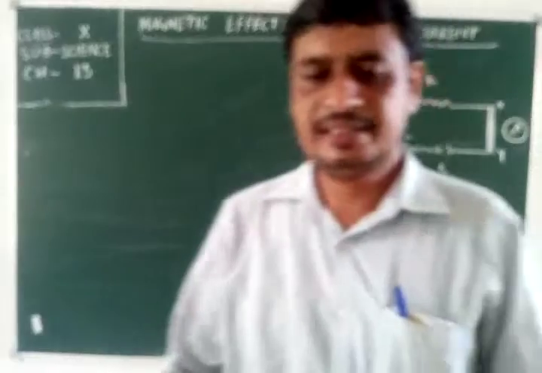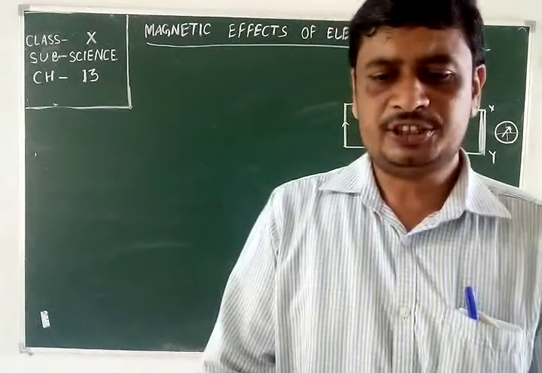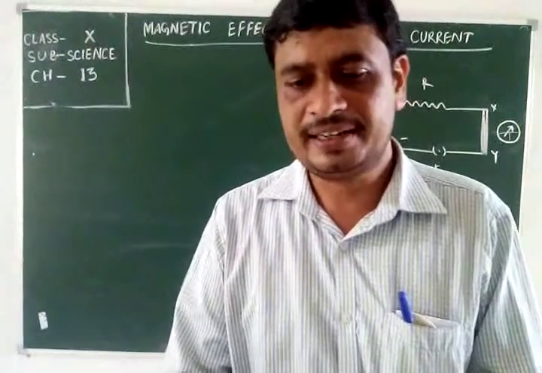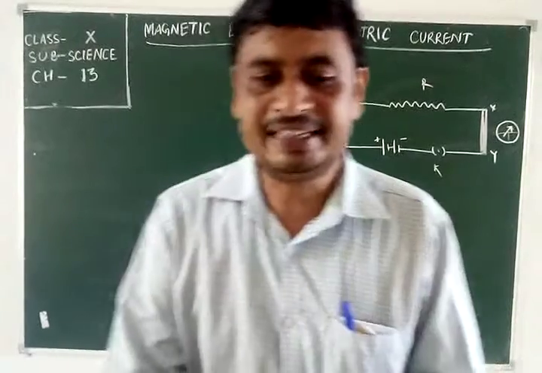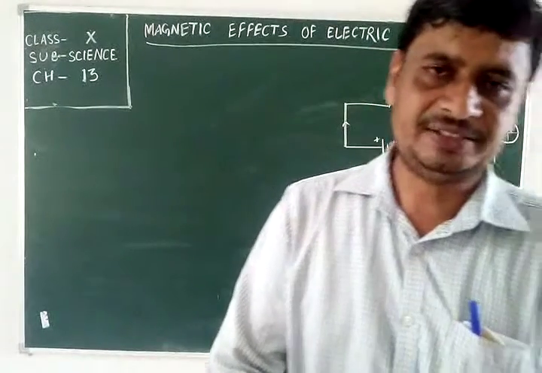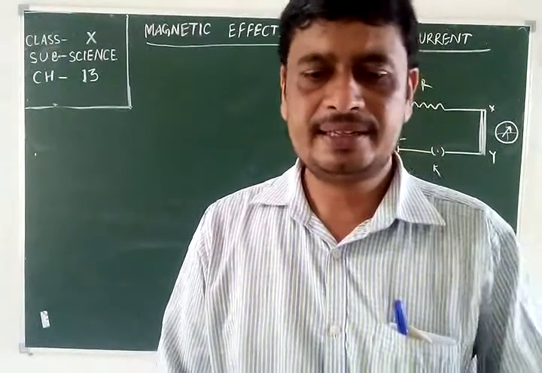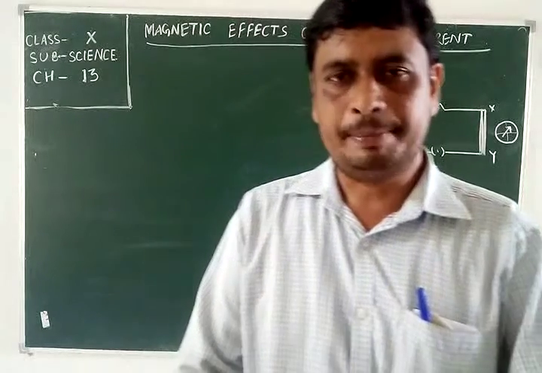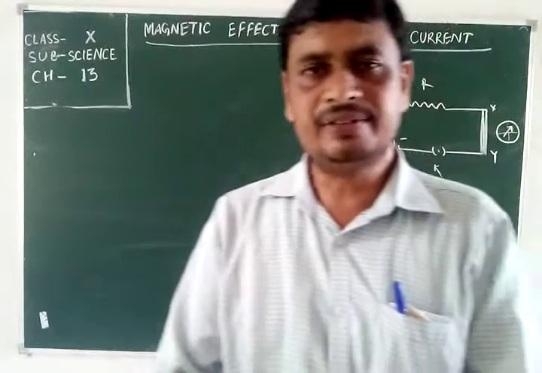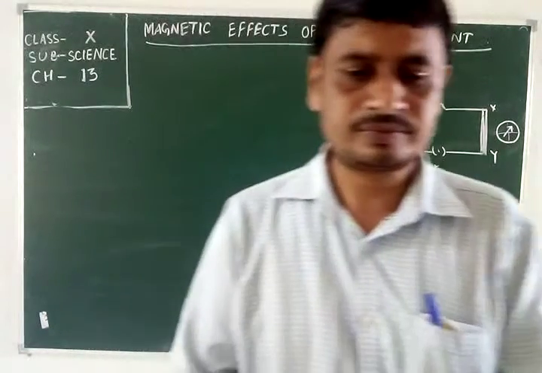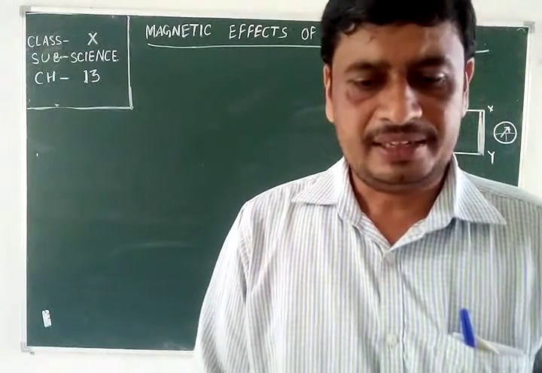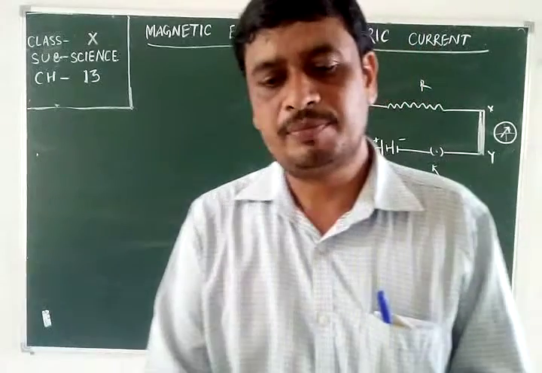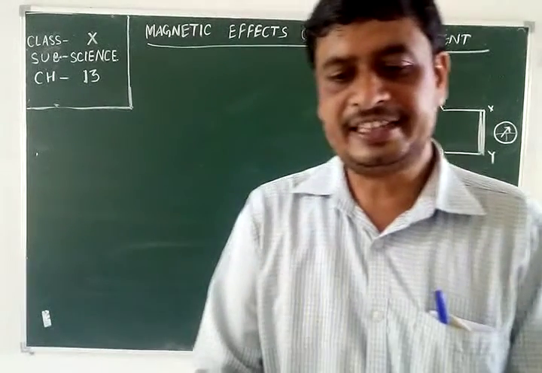It means that the electric current through the copper wire has produced a magnetic effect. Since this copper wire produces a magnetic effect, the compass needle is deflected. Then what about the reverse possibility of an electric effect?